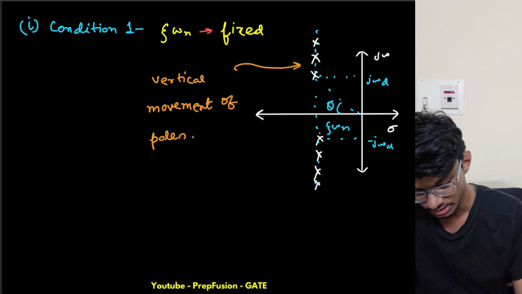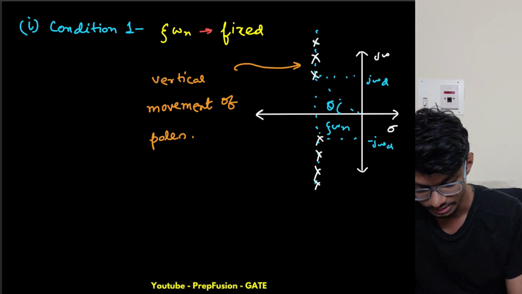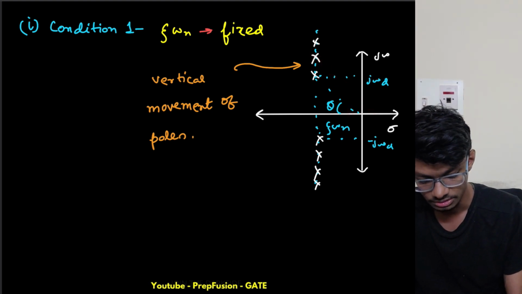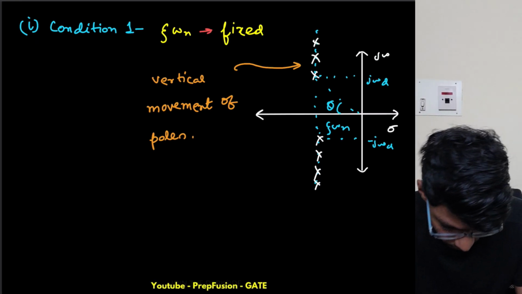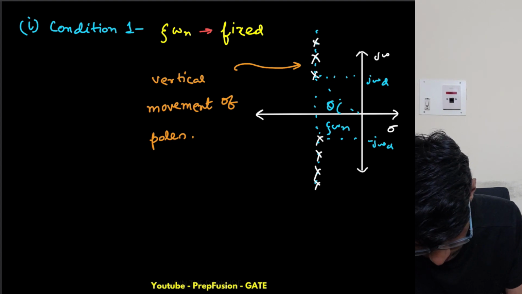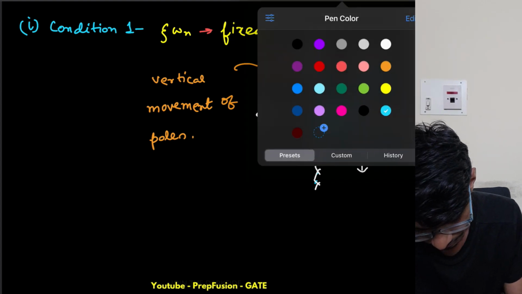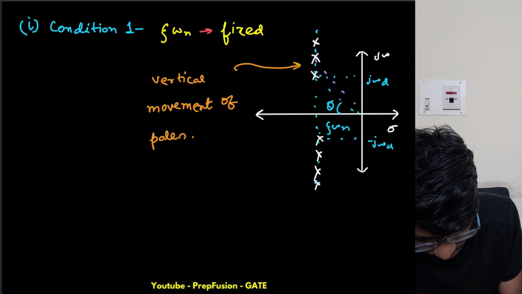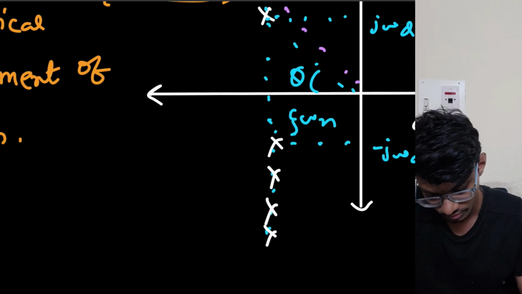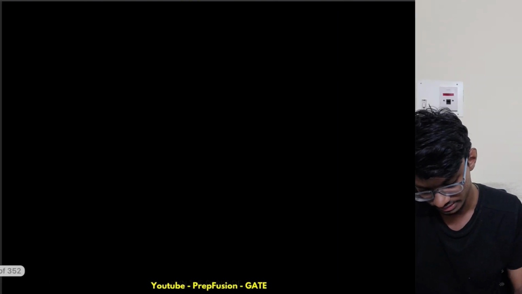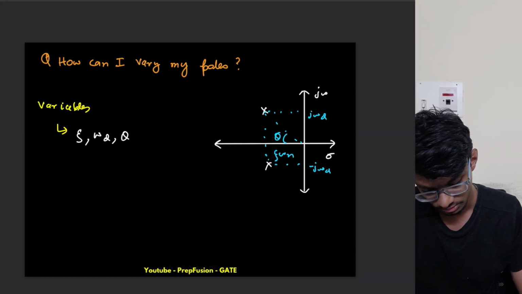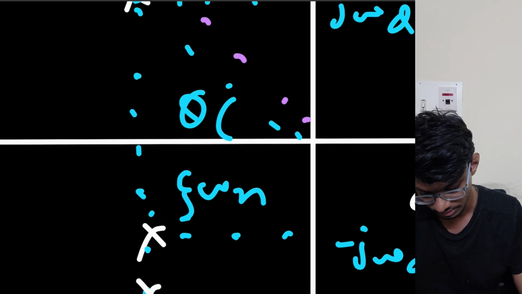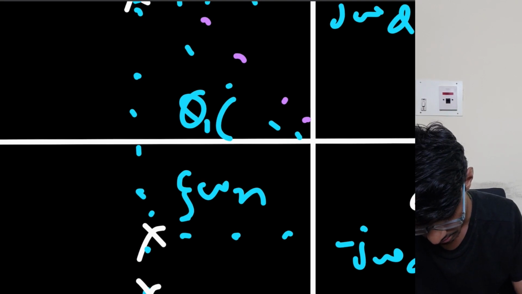So basically if I measure the theta from here, theta is increasing, right? Let me draw this in a different color. Let's say this one was my initial pole, with theta 1, right?